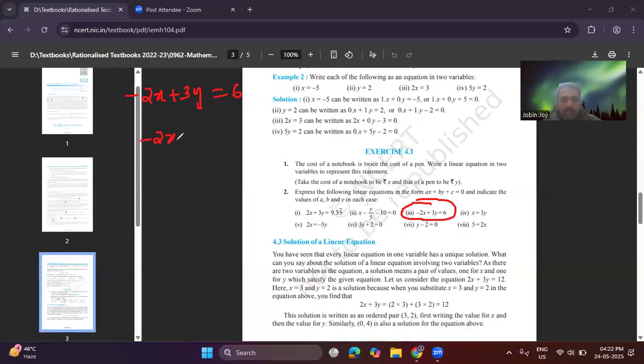So I can write minus 2x plus 3y minus 6 equal to 0. So a equal to minus 2, b is equal to 3, and c is equal to minus 6.